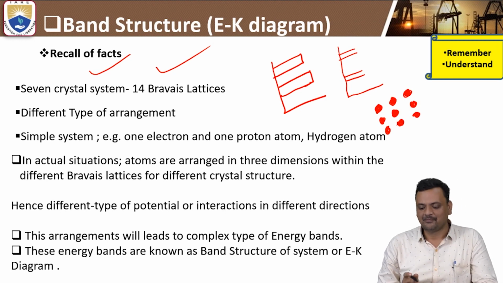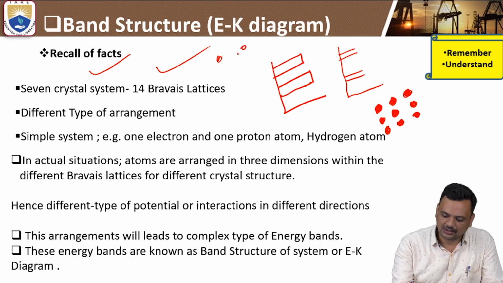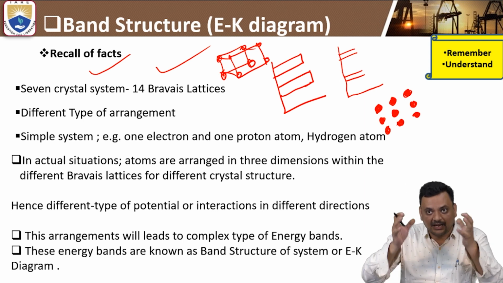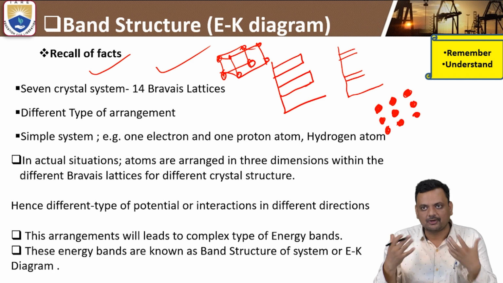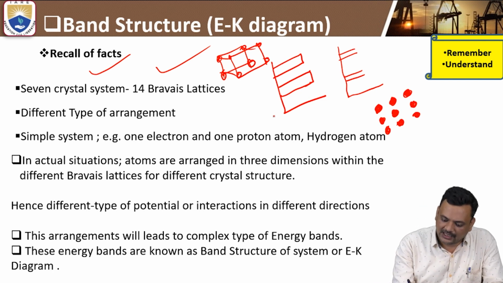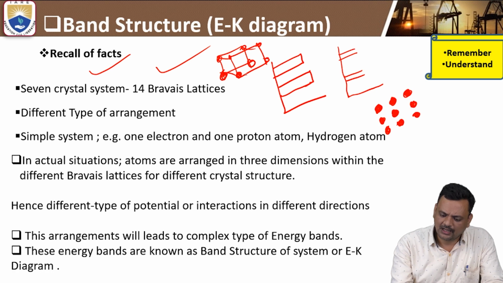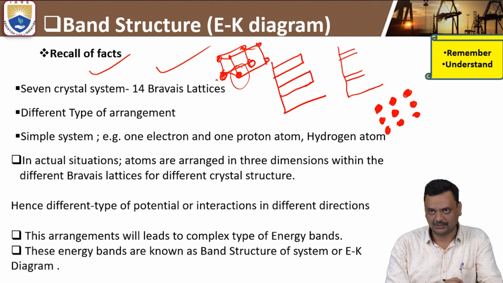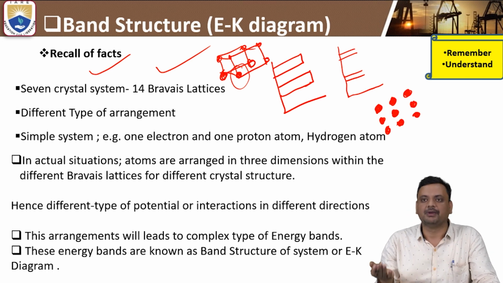Now what is the arrangement? Suppose you consider the case of a simple cubic system. If you know that the atoms are arranged in a simple cubic system, then you can try to estimate the potential around any atom, what type of potential it should be.